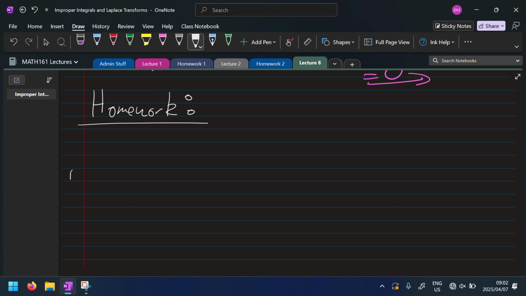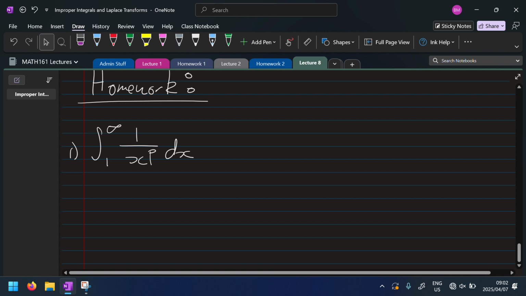Okay, number 1. Some homework problems to try. We've got the integral from 1 to infinity of 1 over x to the p dx. This is also in the tutorial, but you can try it out now.